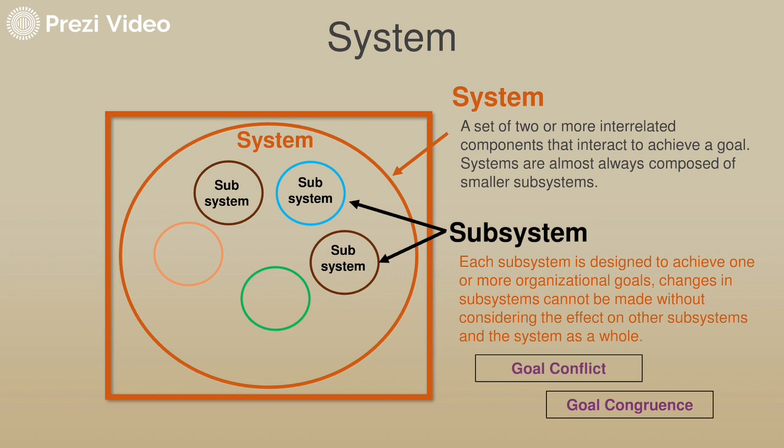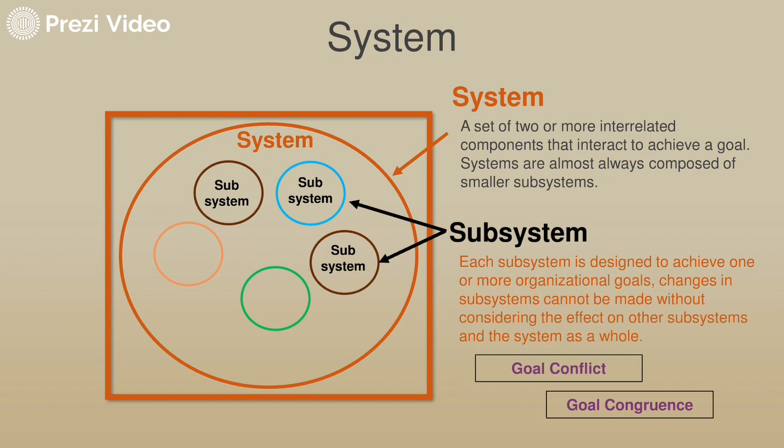The terms normally used to picture the conflict and congruence of goals are two. The first one is goal conflict. This occurs when the subsystem's goals are inconsistent with the goals of another subsystem or with the system as a whole.